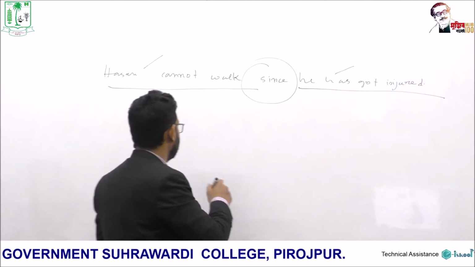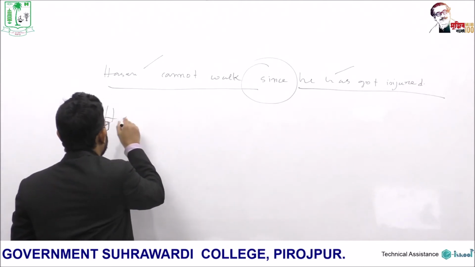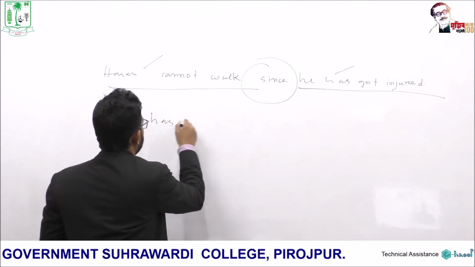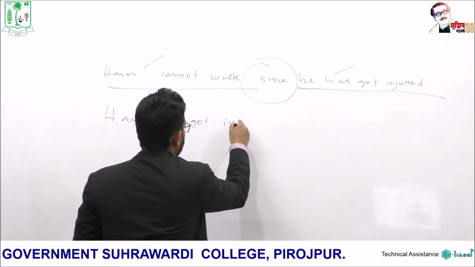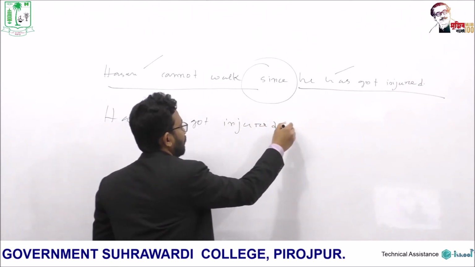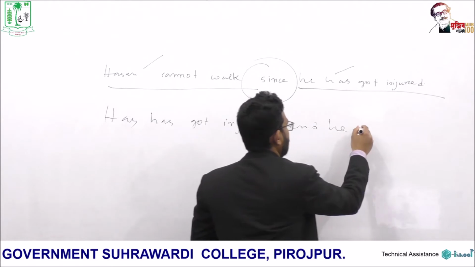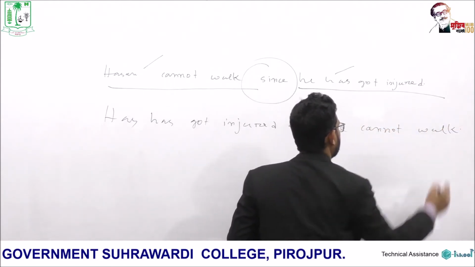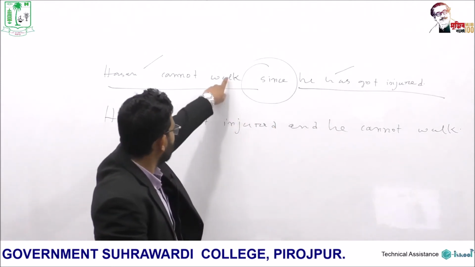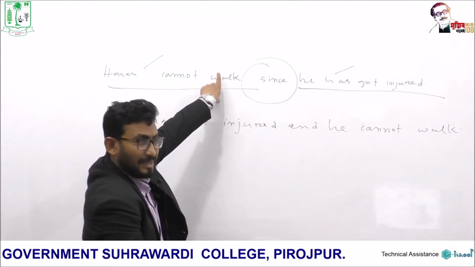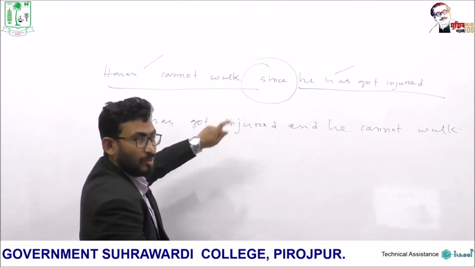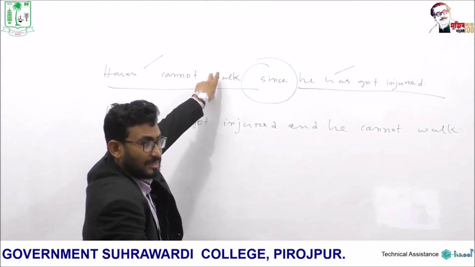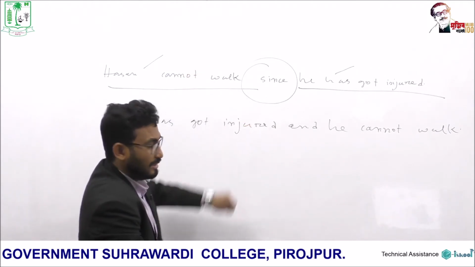Look at this. Hassan has got injured and he cannot walk. This is a compound sentence. Sorry, the first one is an example of a complex sentence. The second one is an example of a compound sentence.